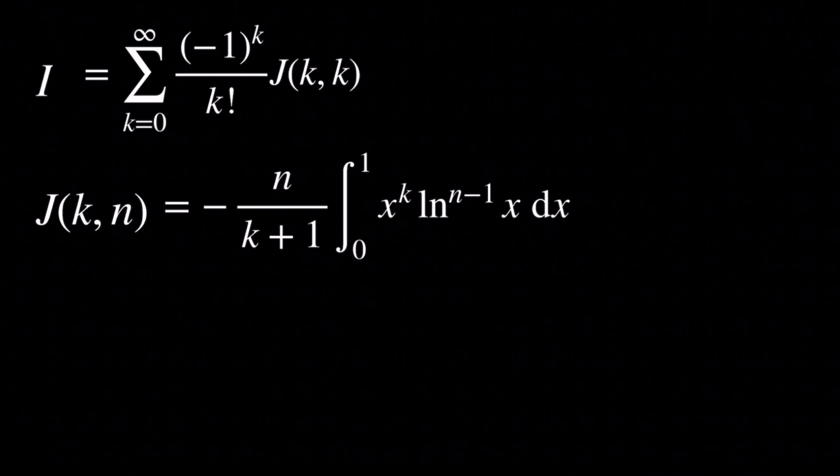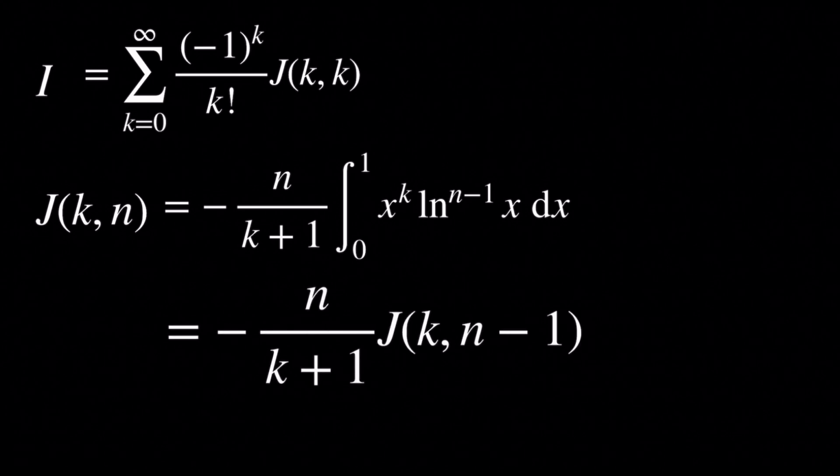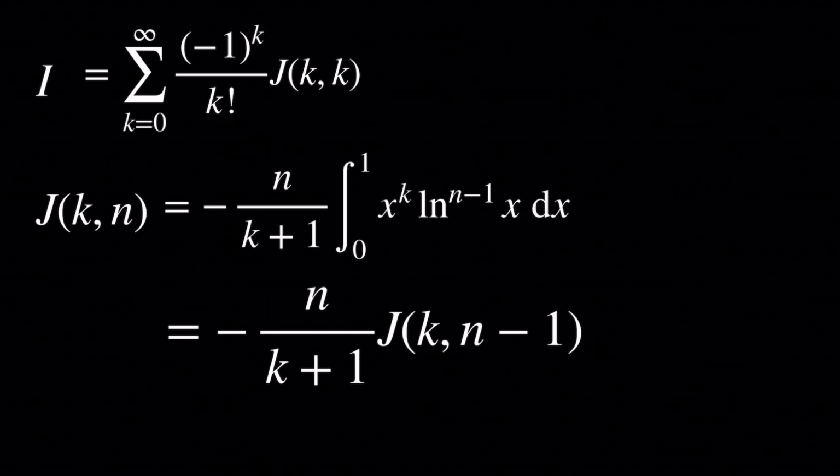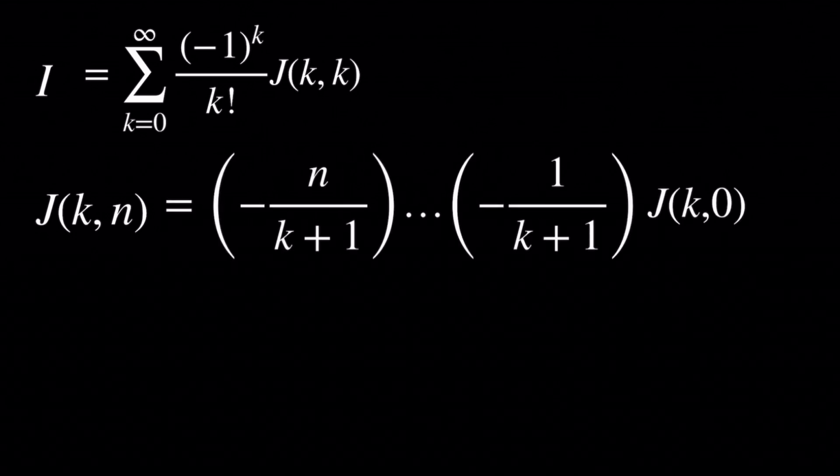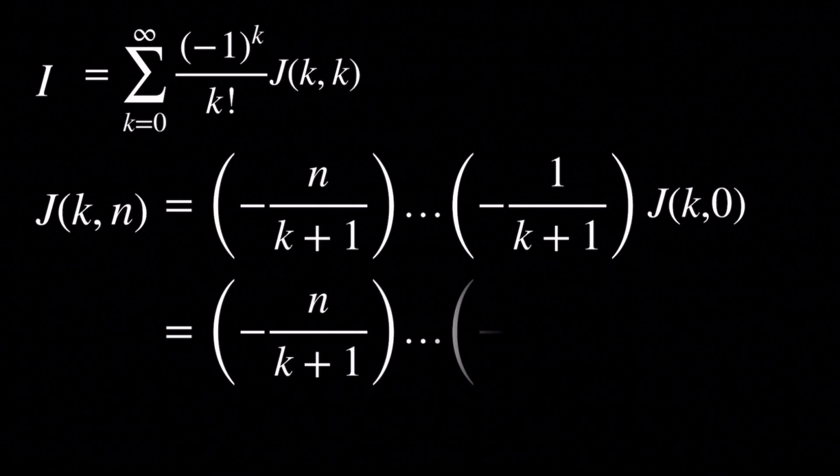So by induction, we can say that J of k, n is equal to negative n divided by k plus 1 and so on, all the way to negative 1 divided by k plus 1 times J of k, 0. Well, J of k, 0 is simply the integral from 0 to 1 of x to the k dx. So it's going to be equal to 1 over k plus 1.